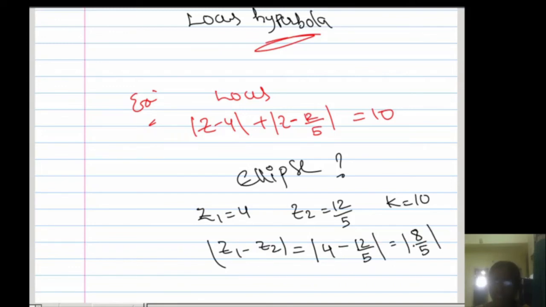So tell me now, is it equal to K? No, it is not equal to K. So mod z1 minus z2 is not equal to K, and it is in the form mod z minus z1 plus mod z minus z2 equal to K. Hence I can say that the locus is an ellipse.